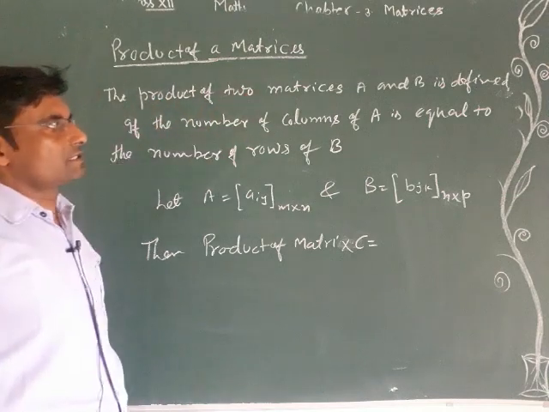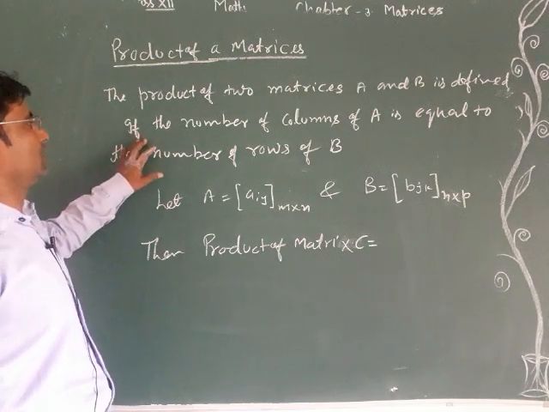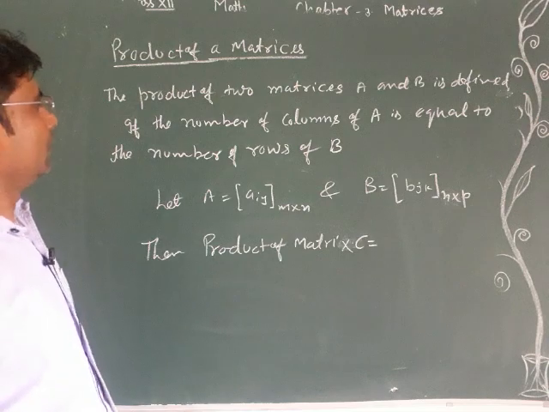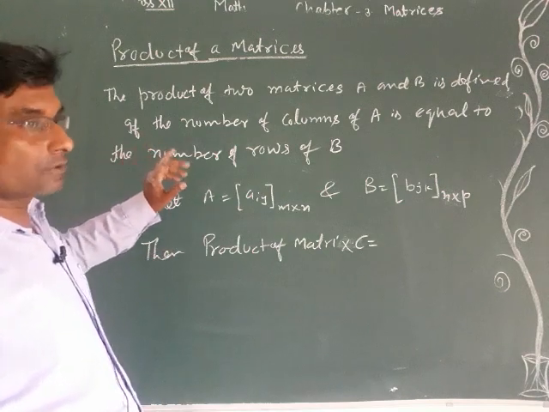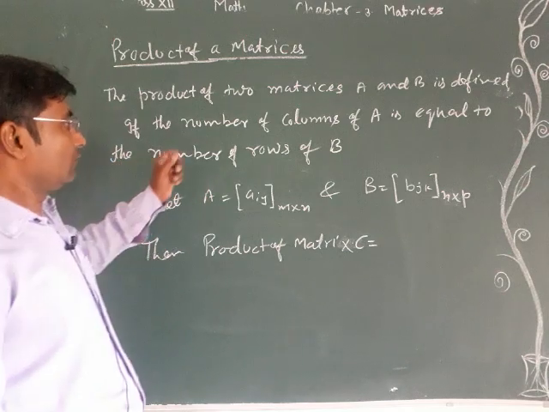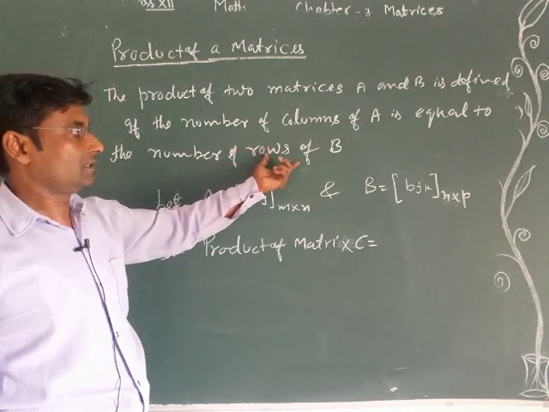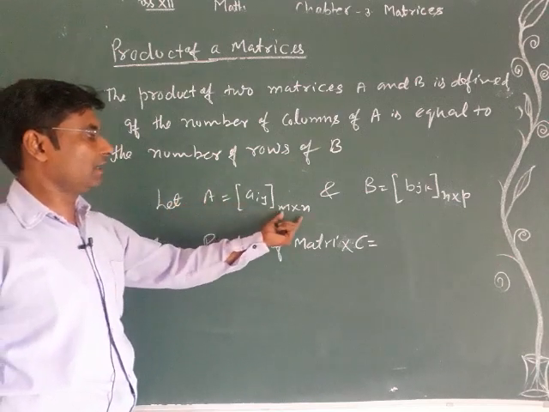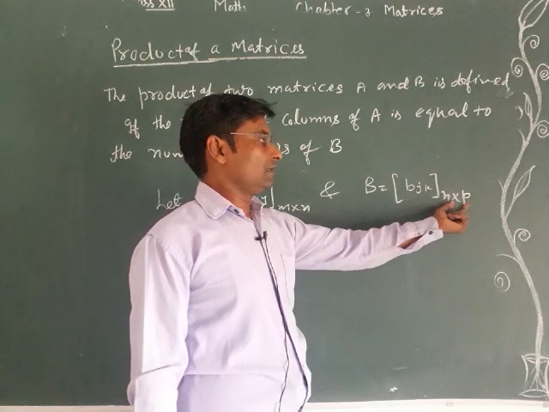The product of two matrices A and B may be defined if the number of columns of matrix A is equal to the number of rows of matrix B. Then multiplication is possible. Now let matrix A be m by n and another matrix B be n by p.